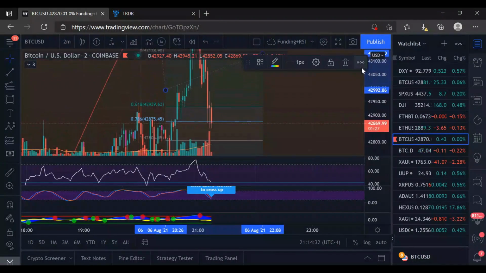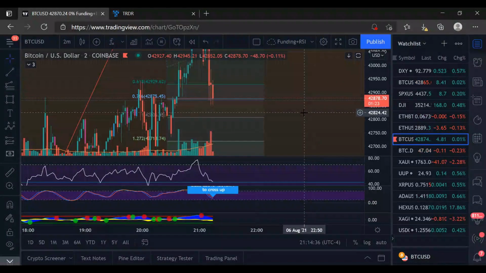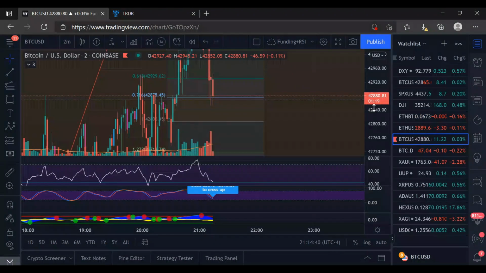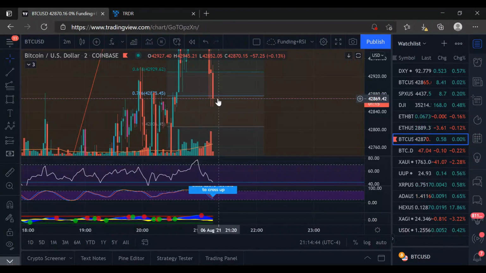Right, that's 3 times break of the daily open. So now they're giving you a place to put your stop loss. They're going to come down and break that again.